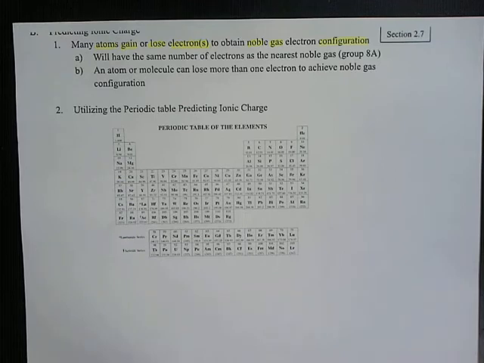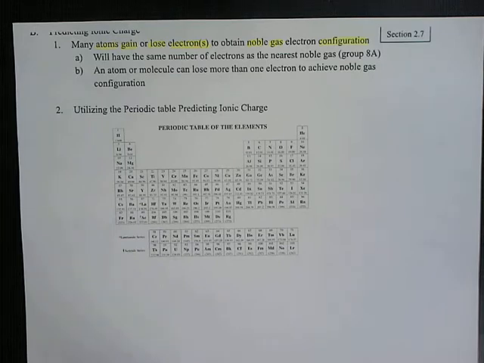So we get to this point where it says utilizing the periodic table and determining the ionic charge. With the ionic charge, what I'm going to do here is indicate the charge that an atom becomes when it becomes an ion. Now these are the typical rules.